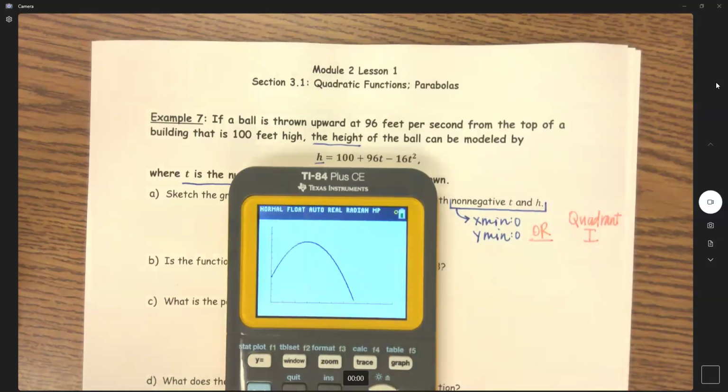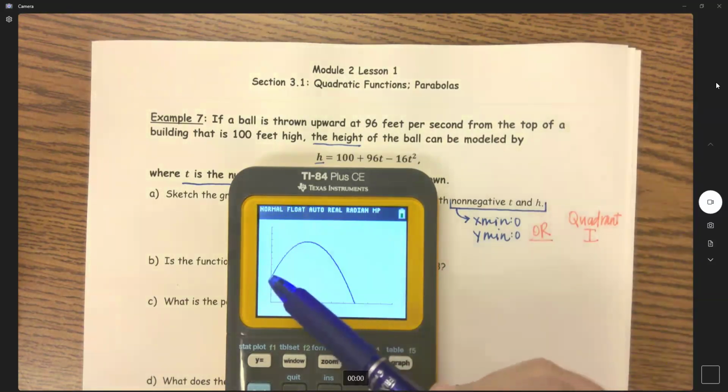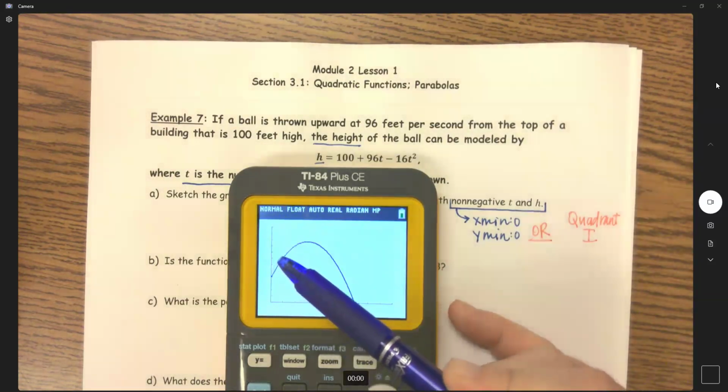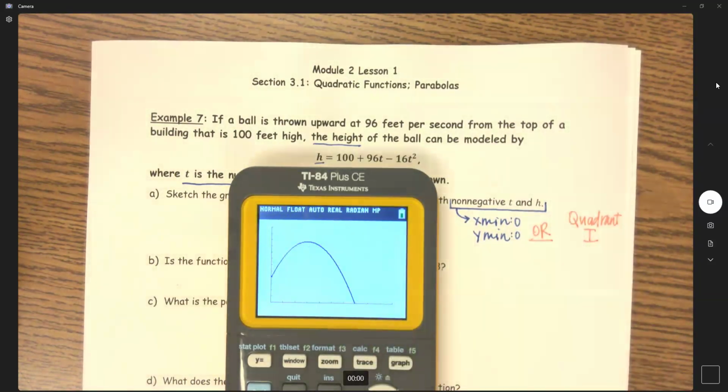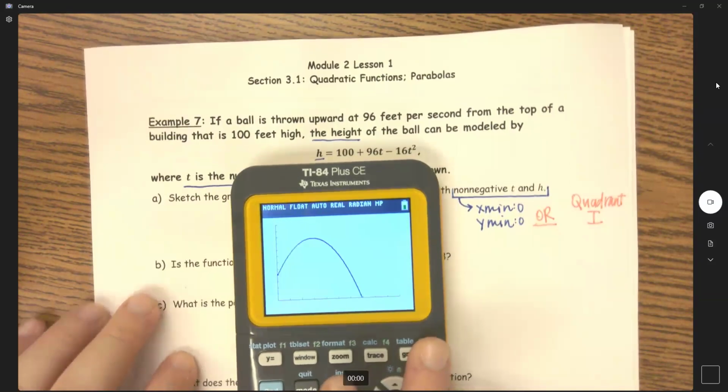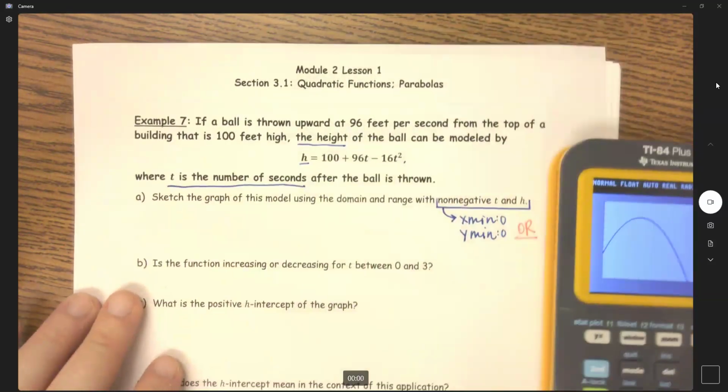And there it is. So just play around with the window until you get the whole thing. This should make sense: if we throw this ball, it's going to travel up and then come down right there. That is quite the velocity to make it go up so high. So check, part A, we have graphed.